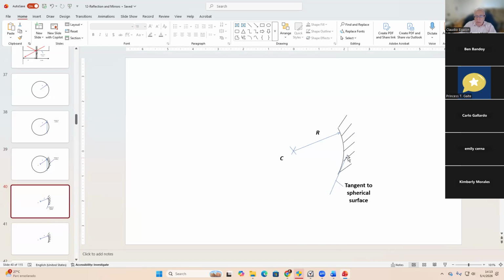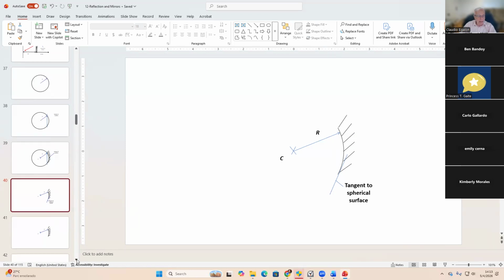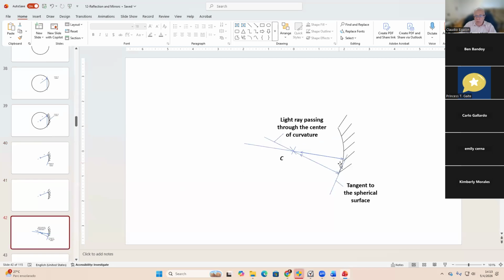Here's the tangent to the spherical surface. The tangent surface to the spherical surface does not coincide with the surface, right? Because it's a more generic surface in this case. And what's going to be the normal direction? The normal direction is going to be that direction perpendicular to this tangent surface.